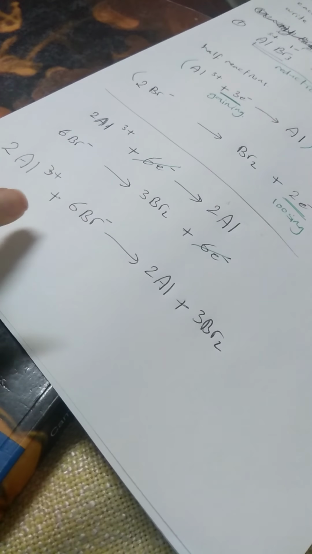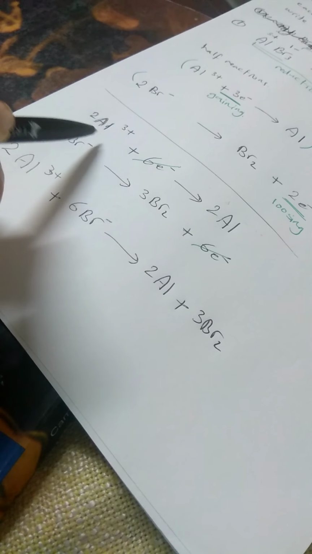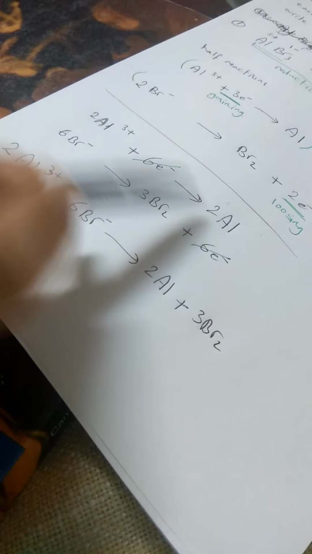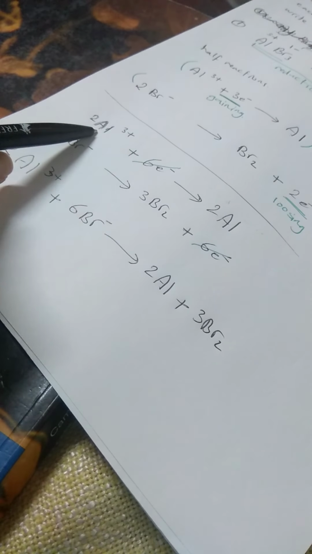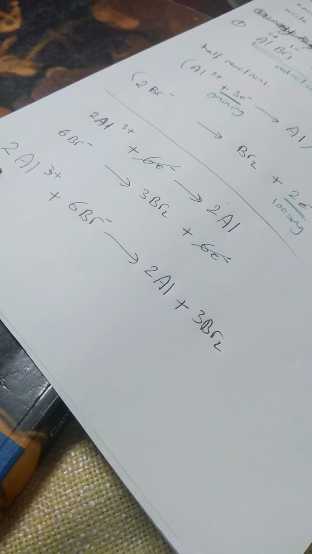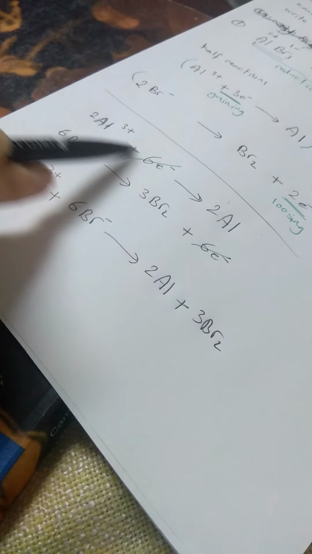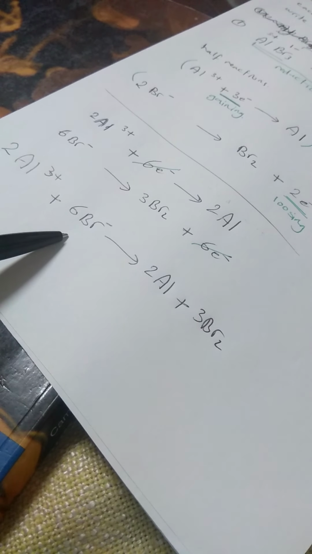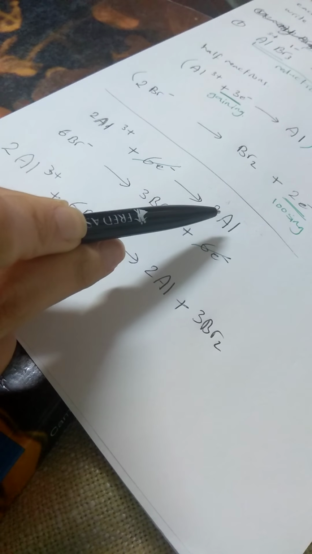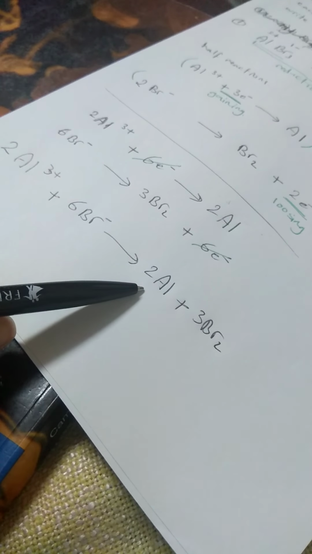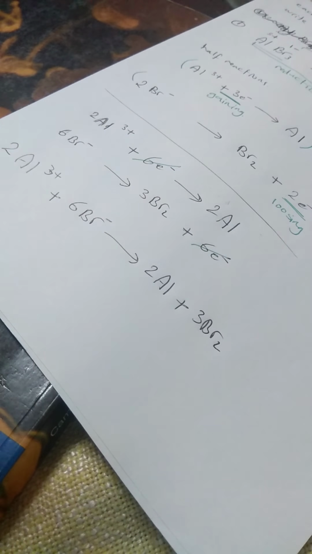The only thing that I did here is transferring the elements inside each equation: 2Al plus 3 and 6 Br minus before the arrow, and after the arrow in the products, 2Al and 3 Br2.